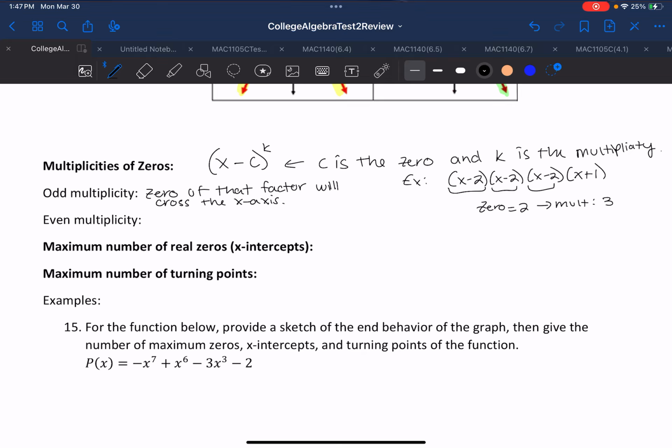But if we have an even multiplicity, then the 0 of that factor will bounce. Or you could say will touch the x-axis and then bounce off. So it doesn't actually cross. It just touches at that point, and then it goes back in the direction it came from.